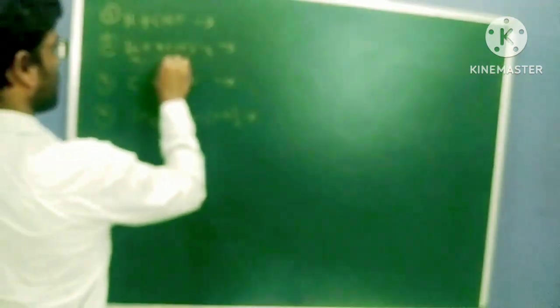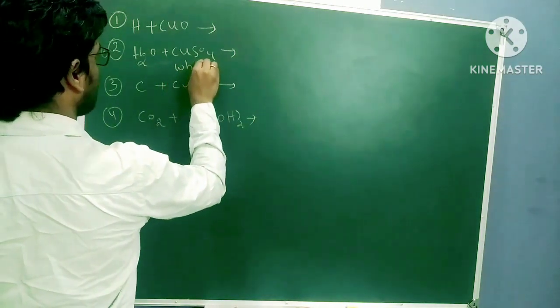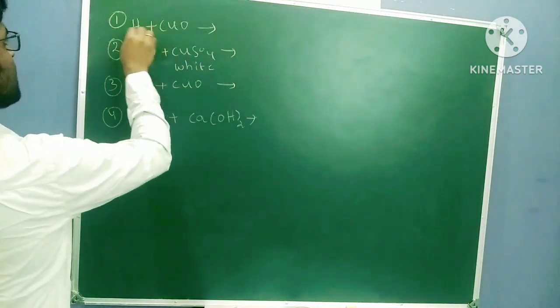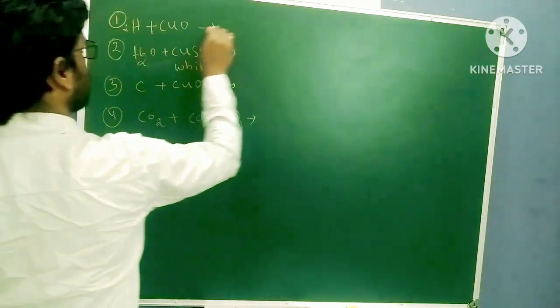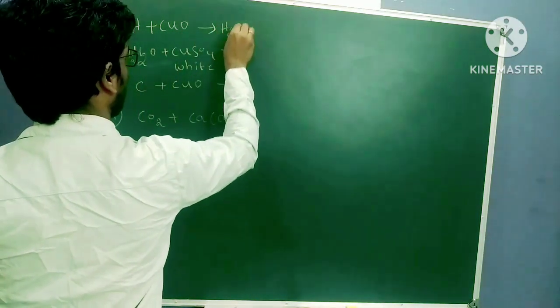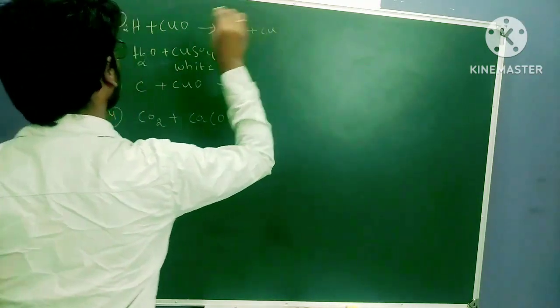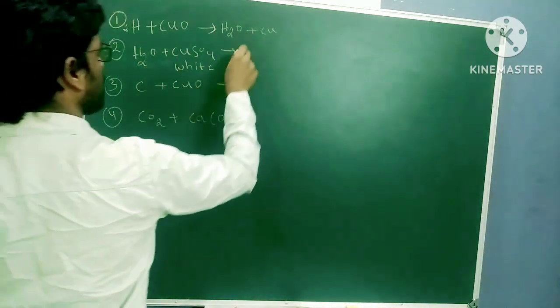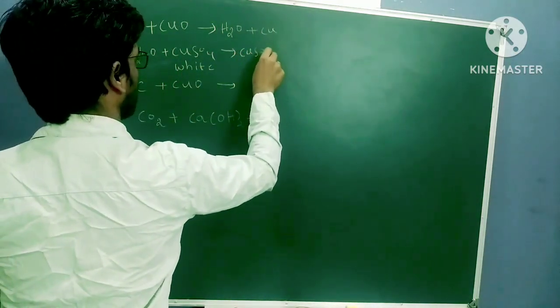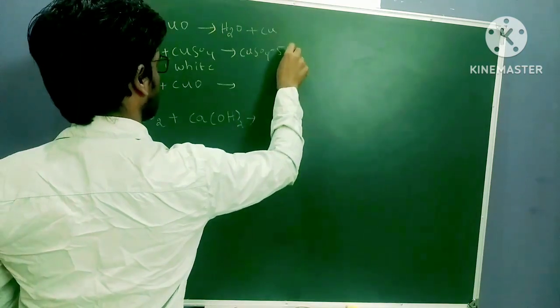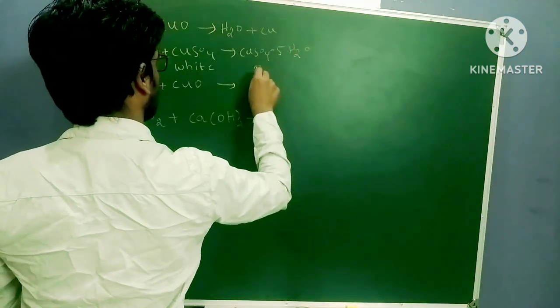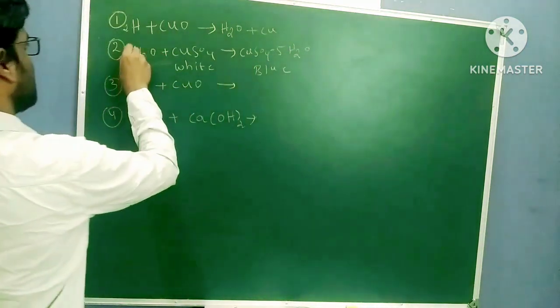So this copper sulfate is white in color here. Initially here 2 hydrogens, so here H2O plus copper. Here H2O plus CuSO4 gives CuSO4.5H2O. So this is blue color, right?